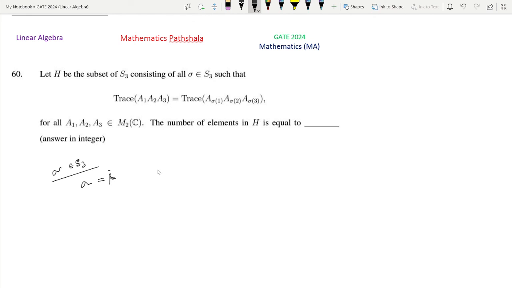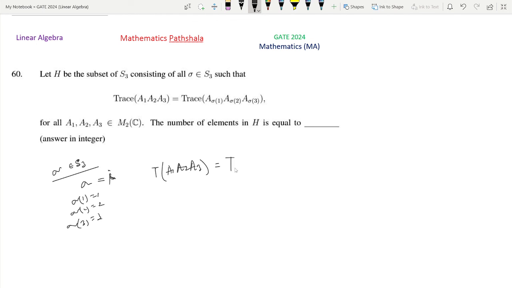Then clearly, trace A1, A2, A3: sigma equal to I means sigma 1 equals 1, sigma 2 equals 2, sigma 3 equals 3.